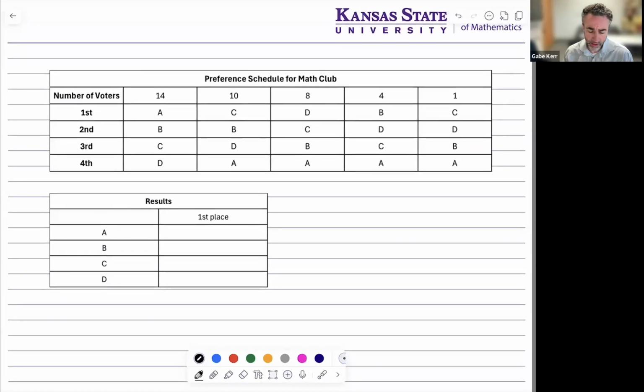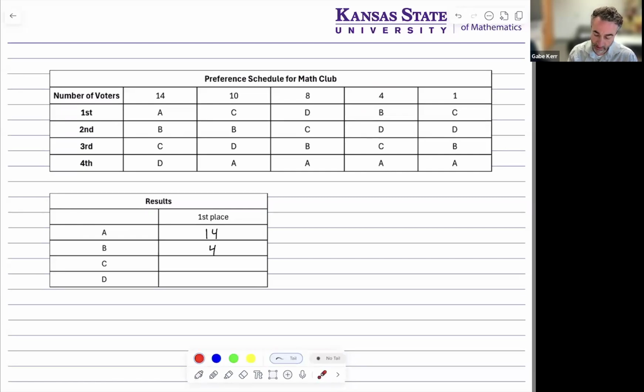So, how do we apply that plurality method again? Well, we're counting up the number of first place votes. The first place votes for A all come from this type of preference ballot because A is not in first place in any other. So we can just count those. We see that there are 14 of those. B has a similar situation. They only have one preference ballot where they're first place, and that's here. And so there are 4 of those. So B gets 4 first place votes.